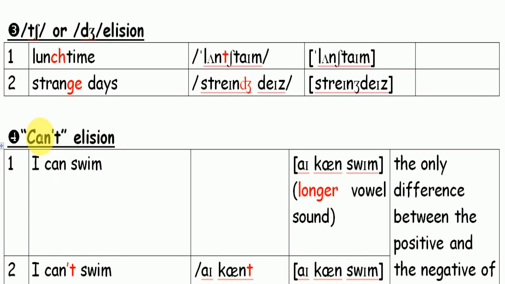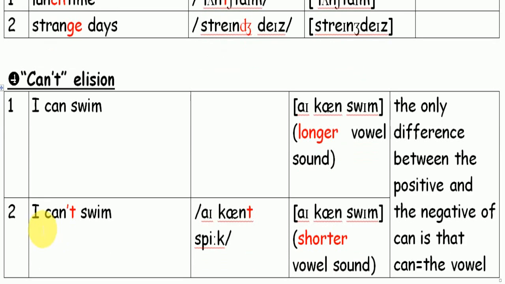Number 4, can't elision. Please listen carefully when I pronounce this sentence. I can't swim. Here, I can swim. What did you notice? Here can is in positive form, so we pronounce the vowel a little bit longer than in can't, the negative form.